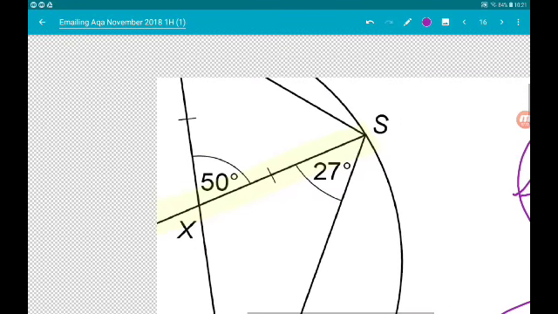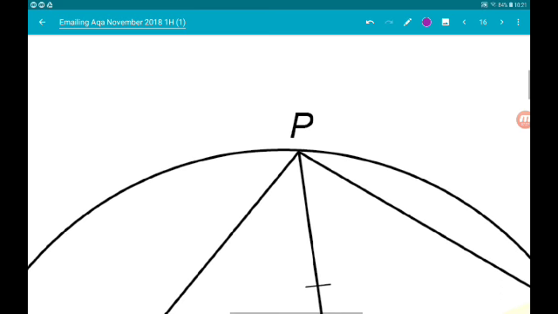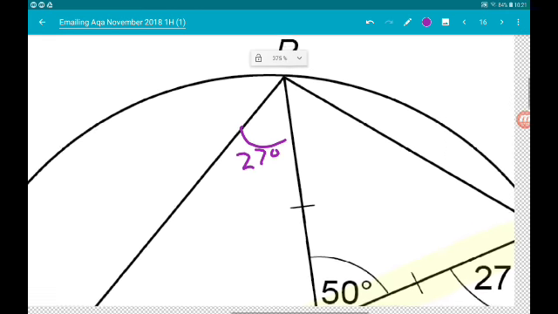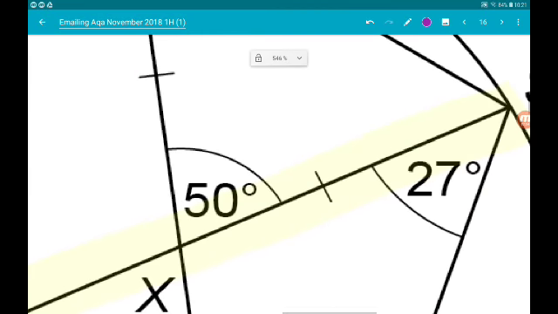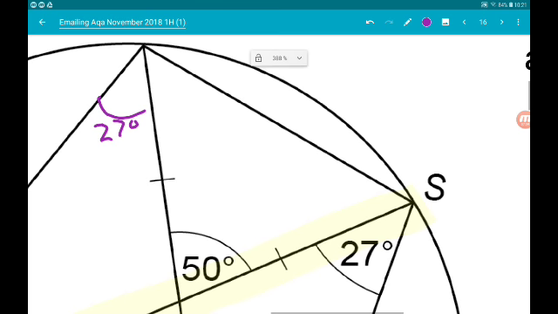So we know, because this angle here is 27, that this angle here is 27. Now we know this angle is 50 degrees. Now we know this triangle is isosceles, because two of the sides are the same length.